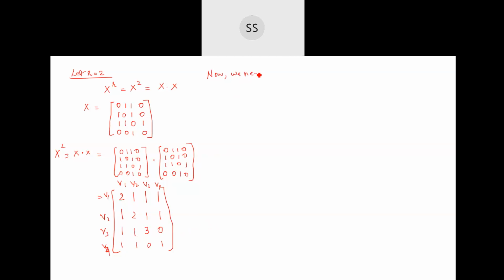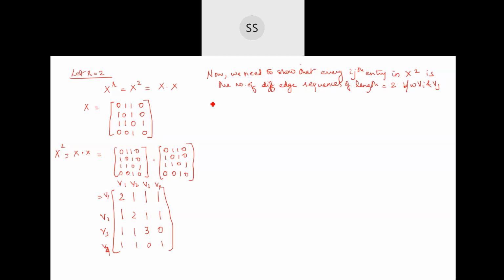We need to show that every ijth entry in x raised to 2 is the number of different edge sequences of length equal to 2 between your vi and vj.